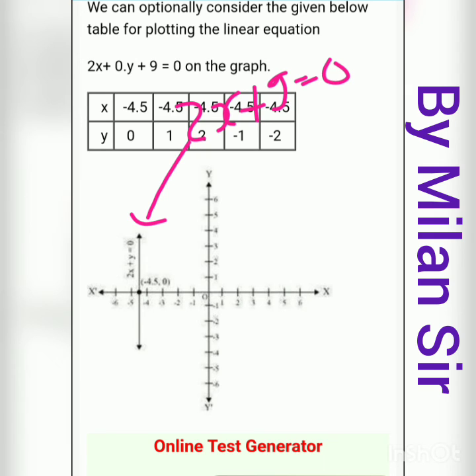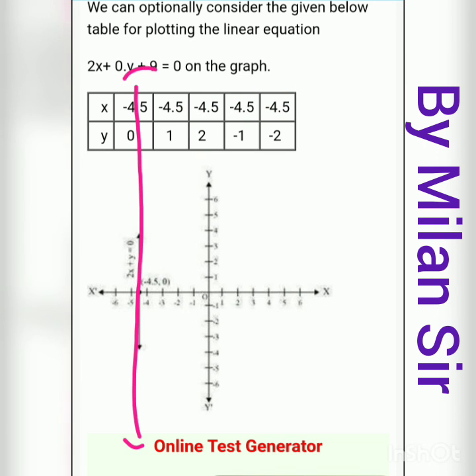If our x coordinate is constant, then we get one line which is parallel with the y-axis. That means every point on this line has the same x coordinate, sorry, the same x coordinate. It is minus 4.5.